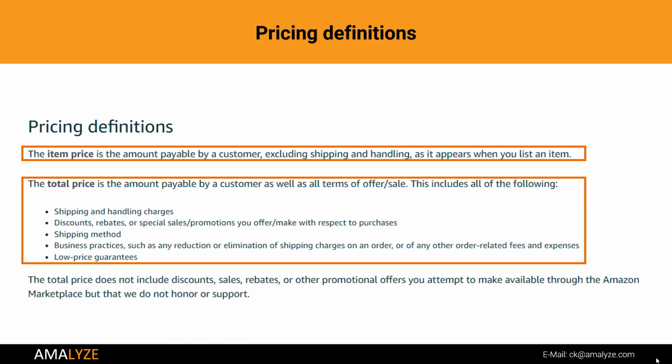This includes all the following: shipping and handling charges, discount rebates with respect to purchase, shipping method, business practices such as any reduction or elimination of shipping charges on an order or of any other order related fees and expenses, and of course low price guarantees. That is also relevant, just so you know the different situations.